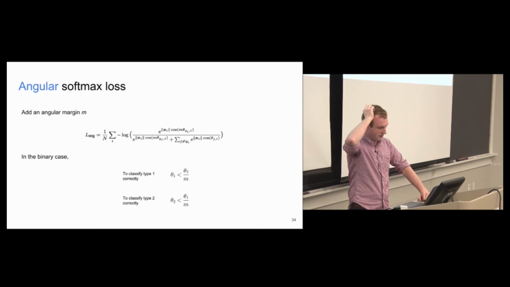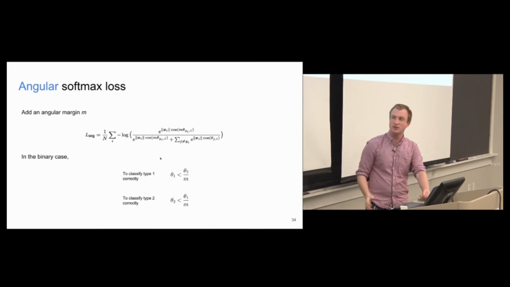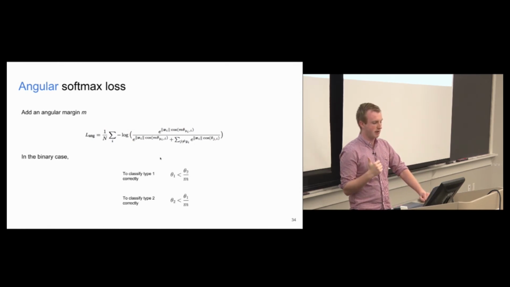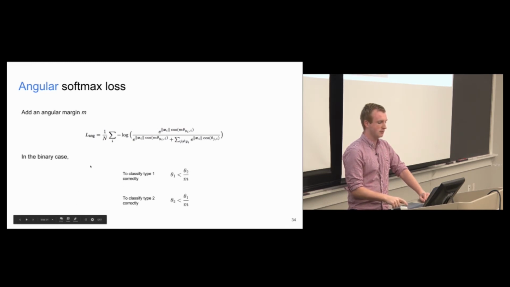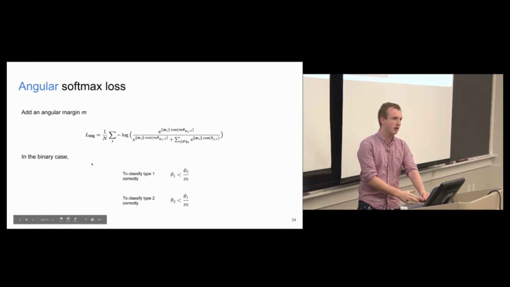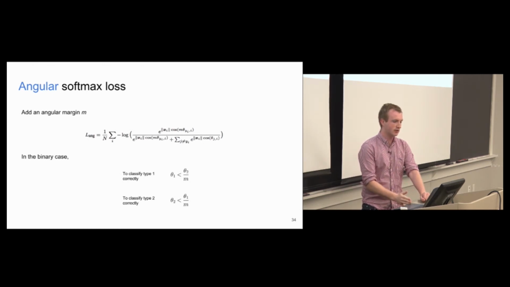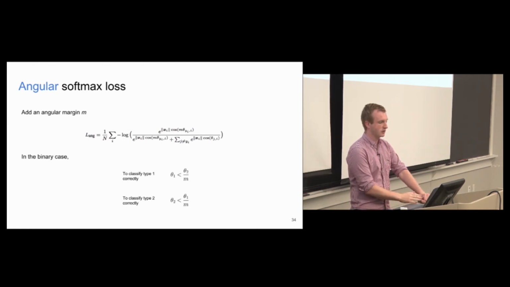What this tells us now is, so this top equation is for the general multi-class case. That's kind of hard to think about, but we can think about it in the binary class case here. As we said before, theta 1 is the angle between weight vector 1 and the feature vector, and theta 2 is the angle between weight vector 2 and the feature vector.